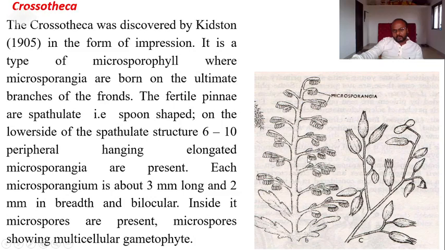It is a type of microsporophyll where the microsporangia are borne on ultimate branches. At the end of these ultimate branches there is a spoon shaped or spatulate structure. On the lower side of this spatula, 6 to 10 peripheral, hanging, elongated microsporangia are present.